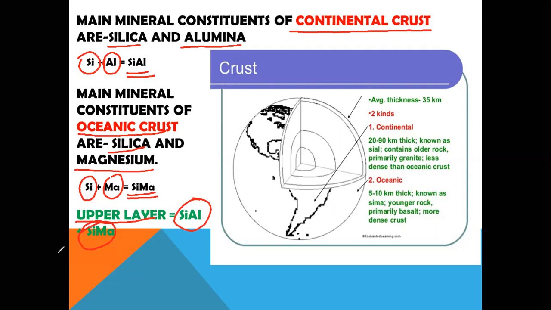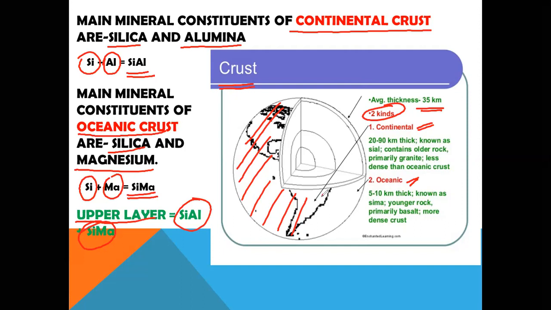So now let's just revise this topic, crust. Crust is basically the outermost or the uppermost layer of the earth. It is solid in nature. Its average thickness is about 35 kilometers and it is of two kinds, continental crust and oceanic crust.